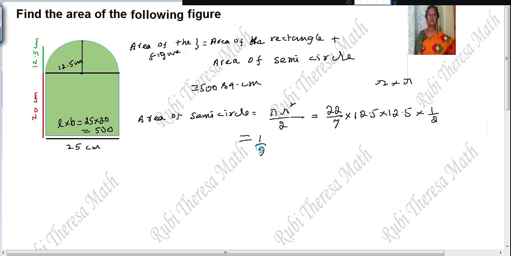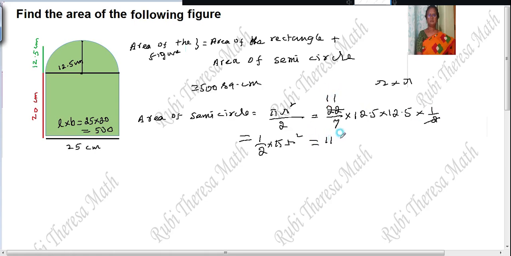Instead, you get half of pi r squared, so half into pi r squared. Since it is given as a fraction, many students get confused whether to divide by 2 or take the reciprocal. If you write it like this, there won't be any confusion. Then 2 into 11 is 22, 22 by 2 is 11.